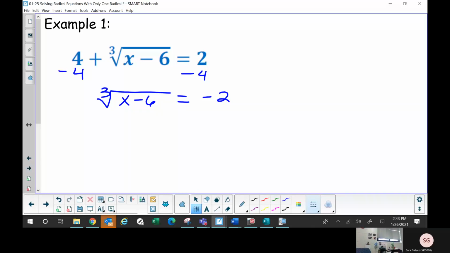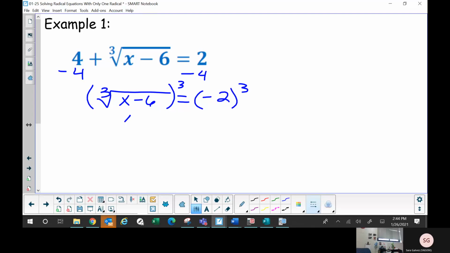So how do we undo the radical? Raise both sides to what? You can say you cube both sides or you raise both sides to the third power. So that's what we're going to do here. This is going to eliminate that radical.